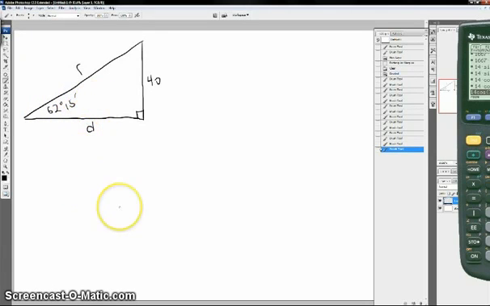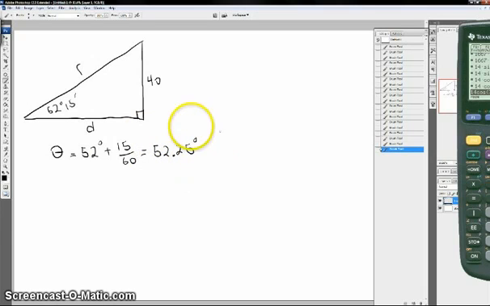So we're going to need to convert that to a decimal. Theta is equal to 52 degrees plus 15 divided by 60. So that's 52.25 degrees. And we also have the opposite side, which is 40.